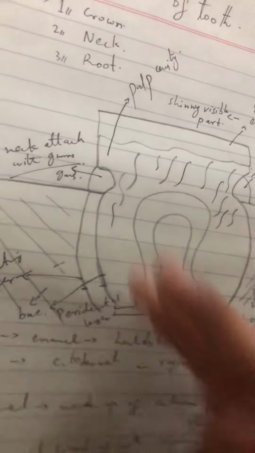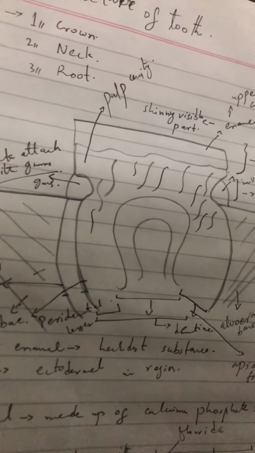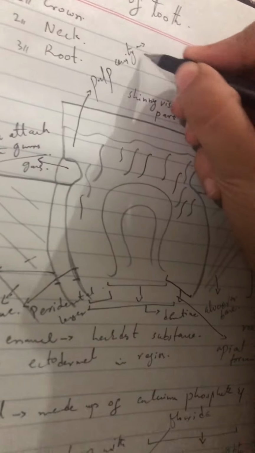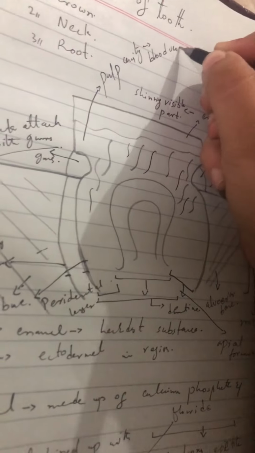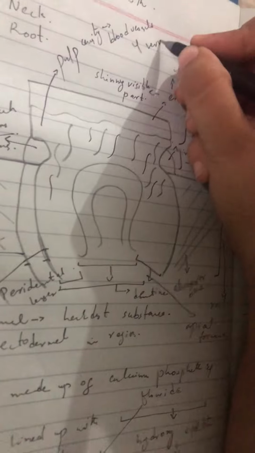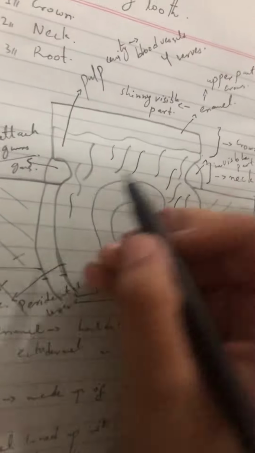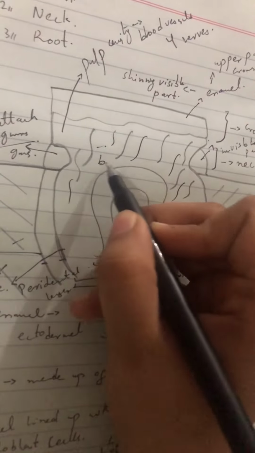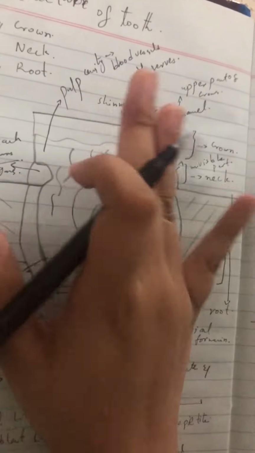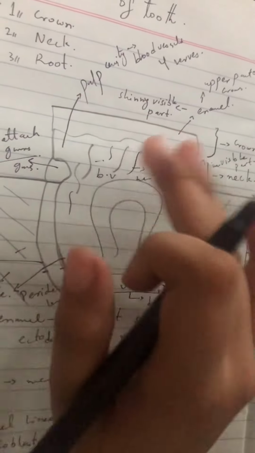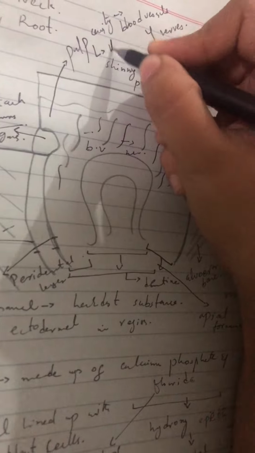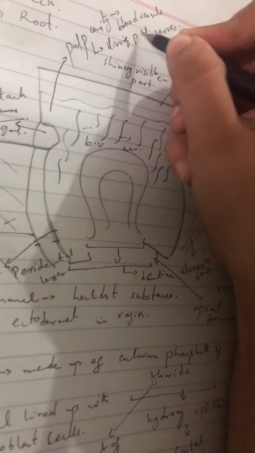This pulp cavity contains blood vessels and nerves. Here you can see these are the blood vessels and these are the nerves. Pulp cavity contains the blood vessels and nerves, and this is the living part.